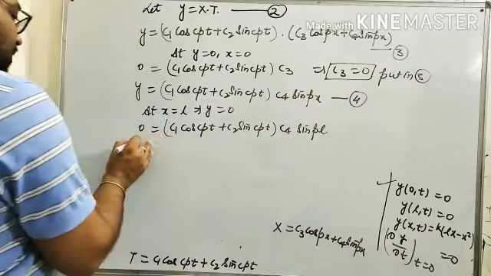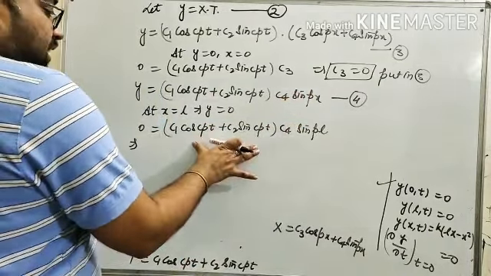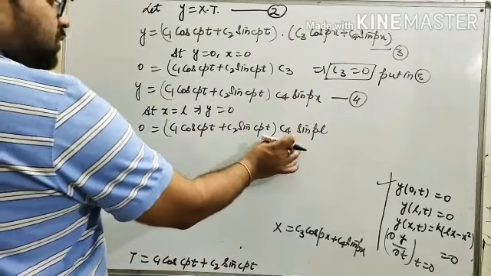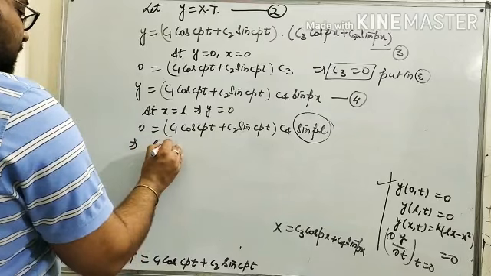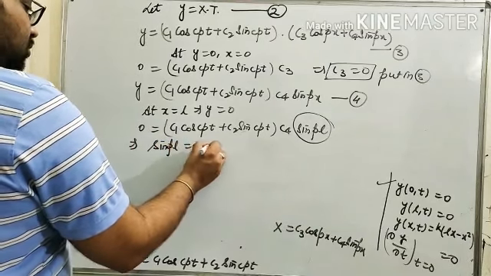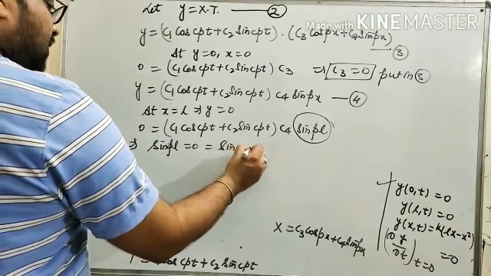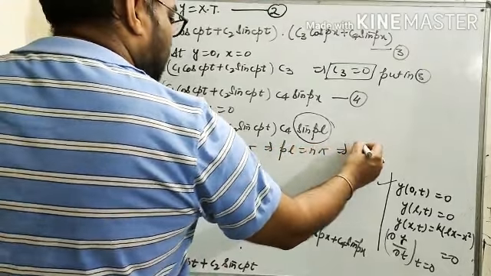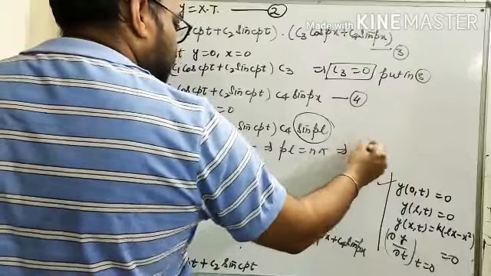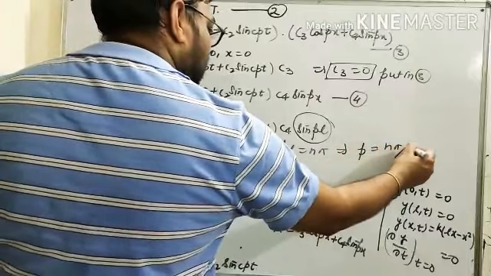Here we cannot put this entire bracket equal to 0, and C4 cannot be equal to 0. So we can only put sin pL equal to 0, which is sin n pi. So from here pL equals n pi, or p equals n pi by L.